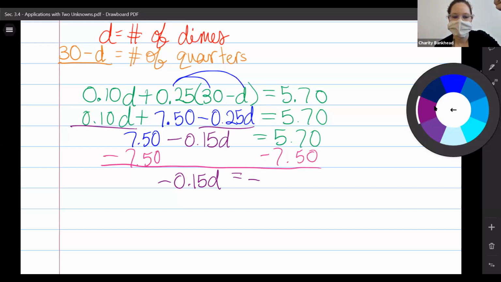So $1.80. Yeah, that's right. Yeah, $1.80.